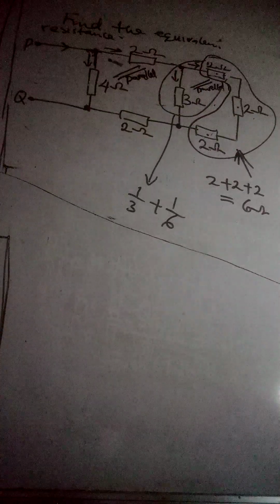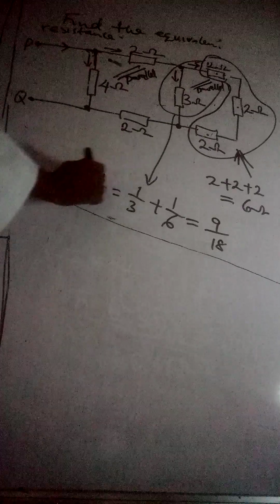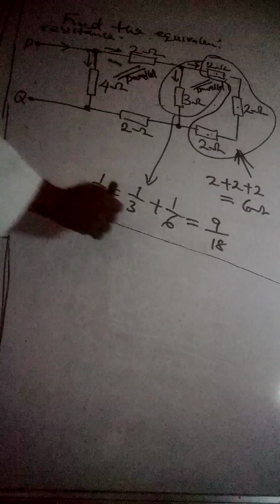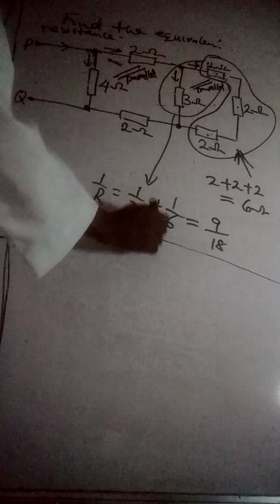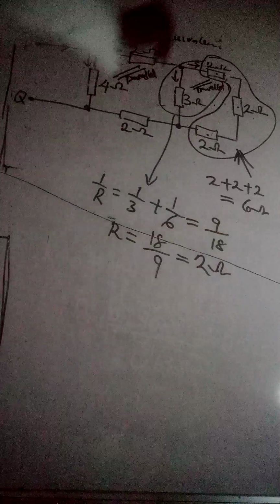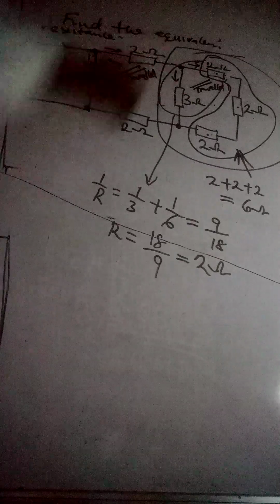Okay? Now, that will give us 9 over 18. But don't forget this is 1 over R. So what will now be R? R will be equal to what? 18 over 9. You turn this upside down, and that will give us what? 2 ohms. That means the whole of these have become 2.